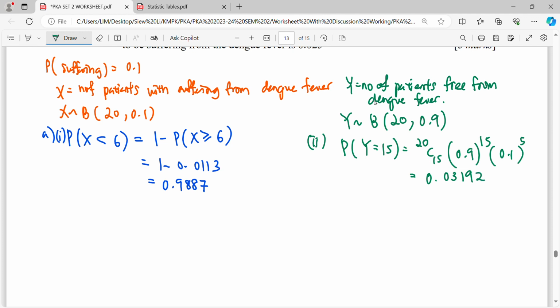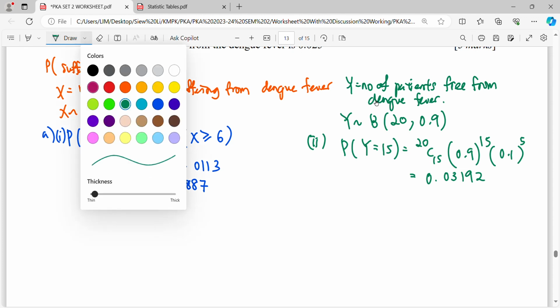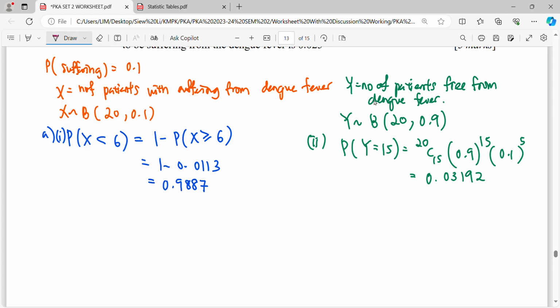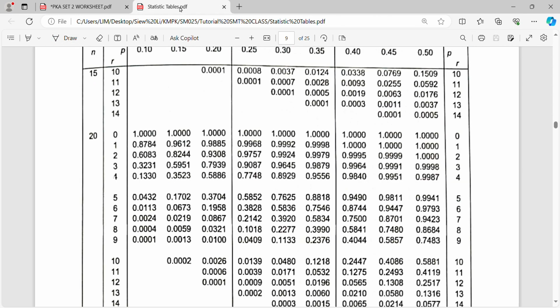If you don't want to use the formula, we have an alternative way, where we use the table. But if you want to use the table in this kind of situation, how are we going to solve it? In the table, we don't have probabilities with p more than 0.5.